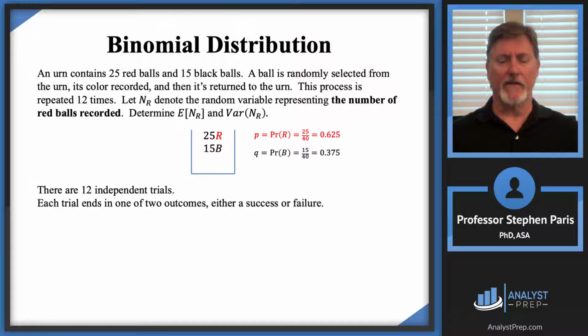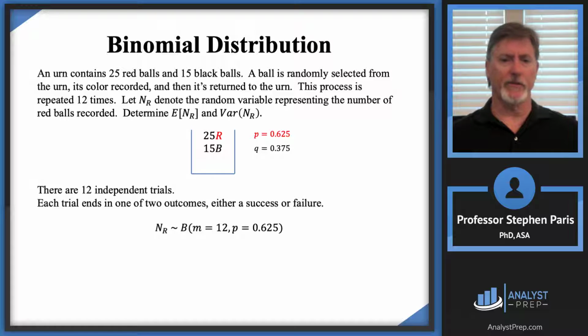That implies that the q-value is 1 minus the p-value, the complementary probability, the probability that a black ball is selected from the urn. The random variable then follows a binomial distribution with parameters m equals 12, there are 12 independent trials, and p being 0.625.